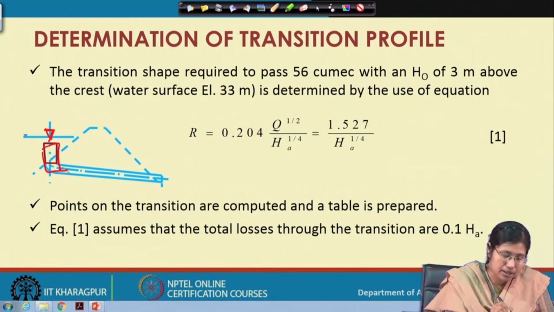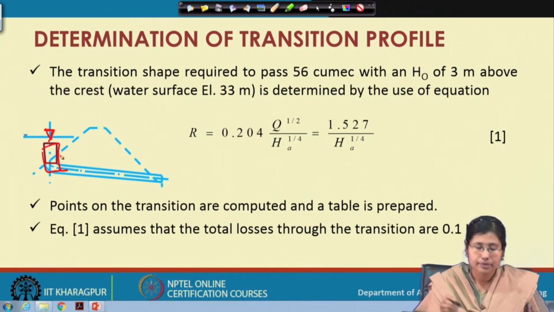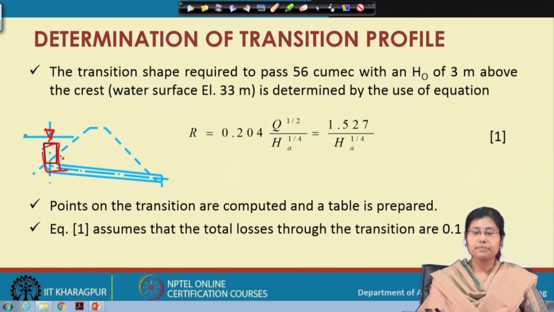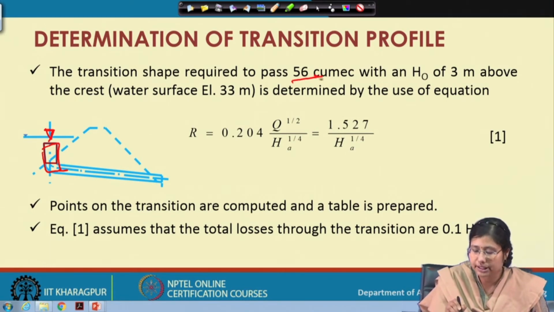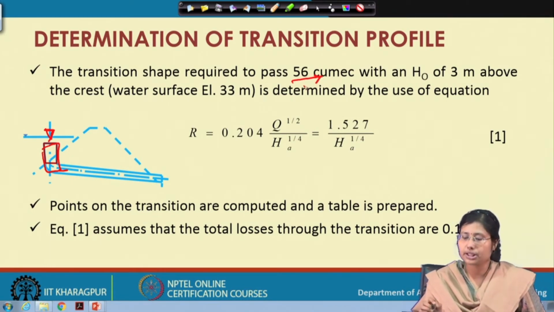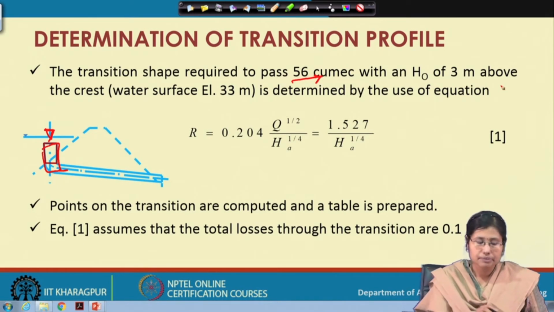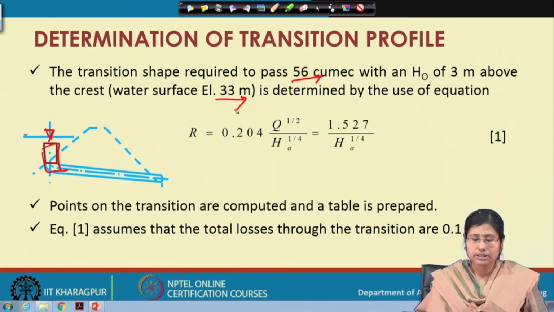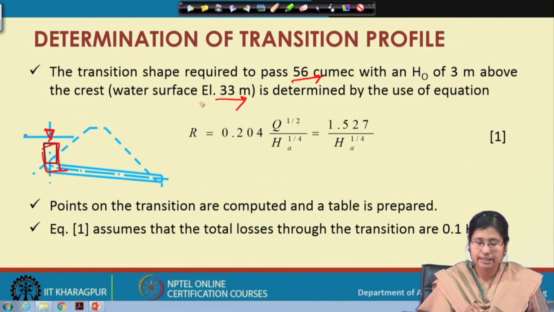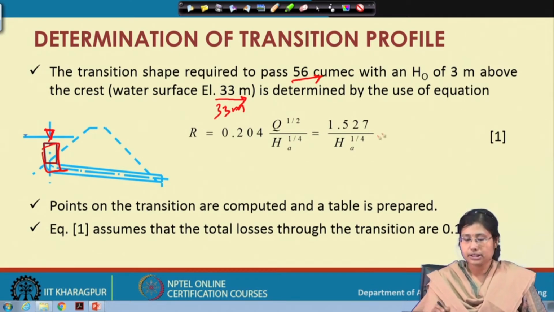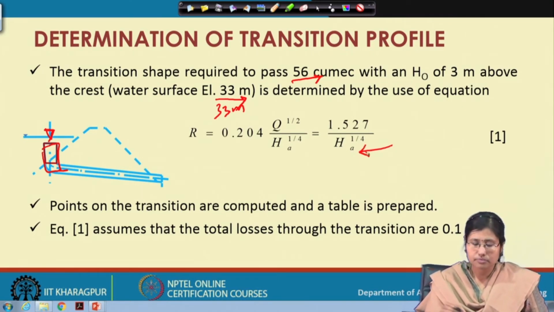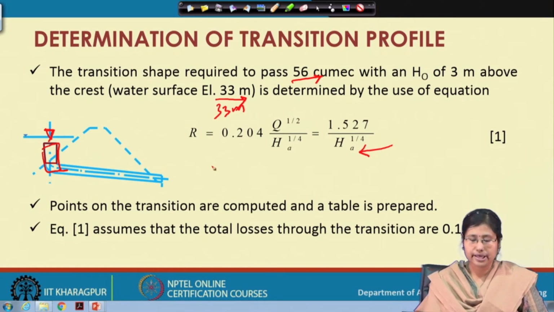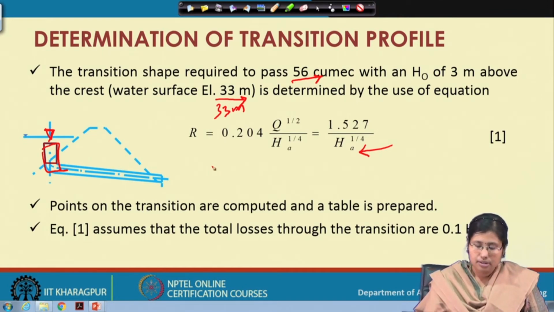Now, the second part, the transition profile. The transition shape is required to pass the 56 cubic meters per second, which was the design discharge, with an H0 of 3 meter above the crest. So, the water surface elevation was 30 meter and the surcharge head 3 meters, so the total comes to be 33 meter, using the equation which we already described in the design part.